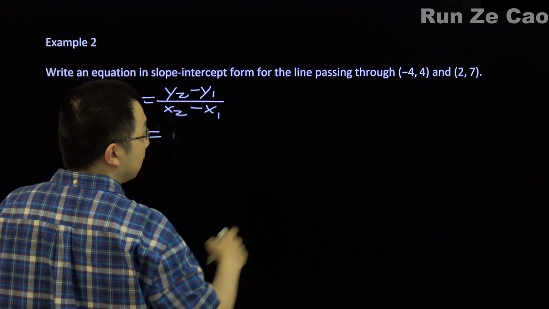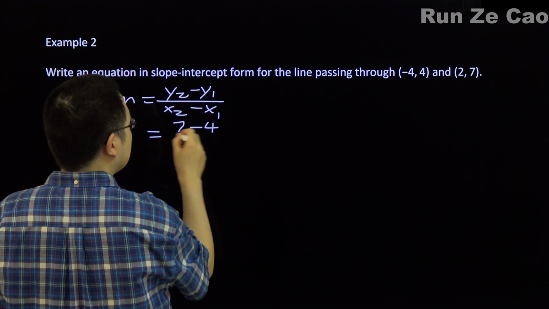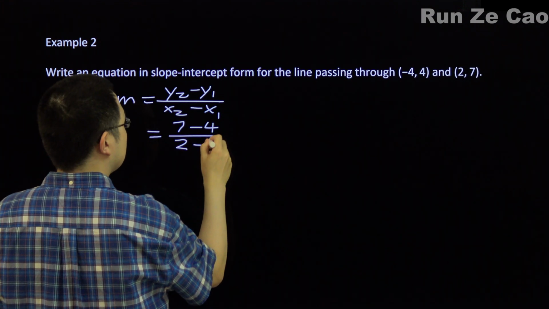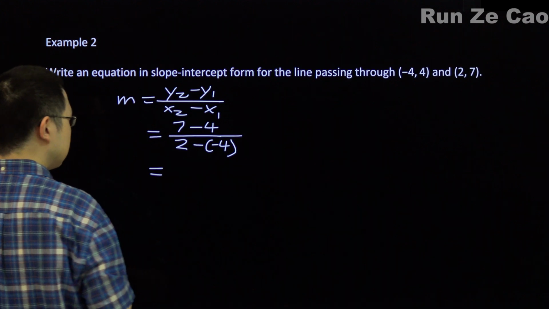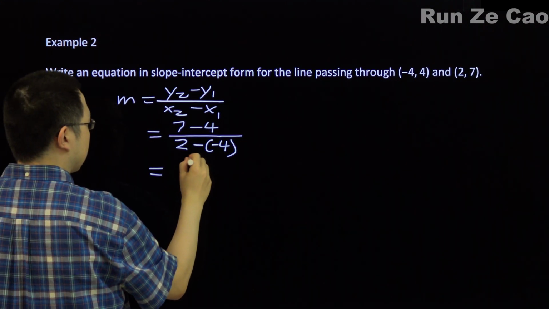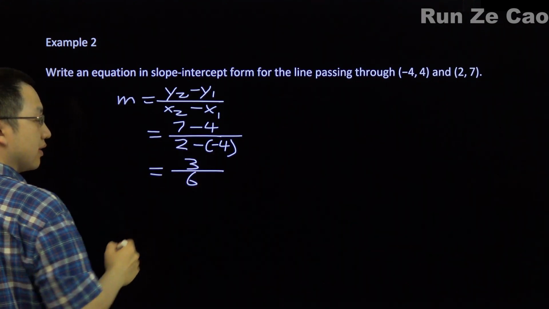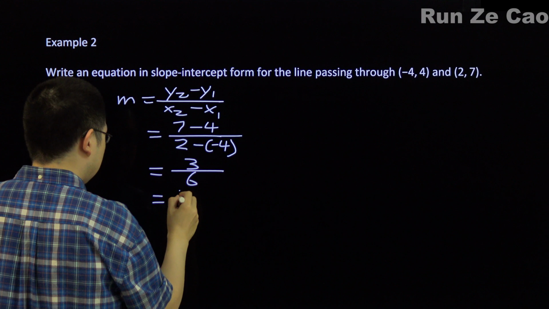It went from 4 to 7, so 7 minus 4. And it went from negative 4 to 2, so 2 minus negative 4 for the difference. So that's 3 over 6, because 2 minus negative 4 is 2 plus 4. So 6, so it's equal to 1/2.